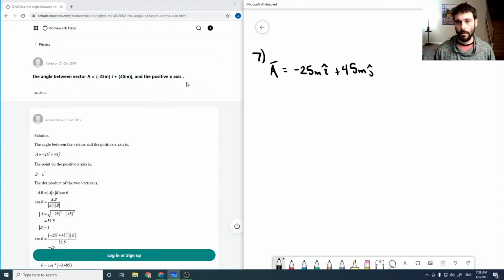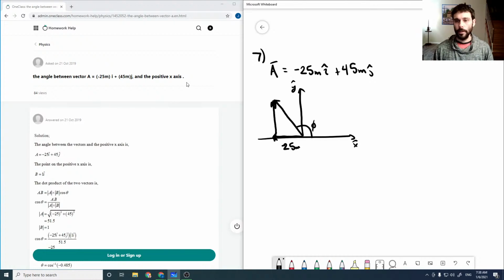So we can just sketch it. So there's the x-axis, the y-axis, and so this is extending it this way, so that's 25, and then 45 up, and so then the angle it's looking for is that one, as it's the angle between this vector and the positive x-axis.